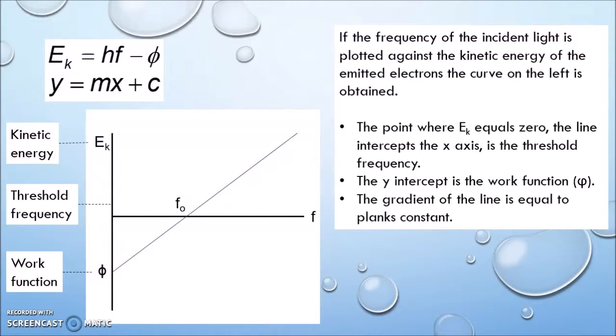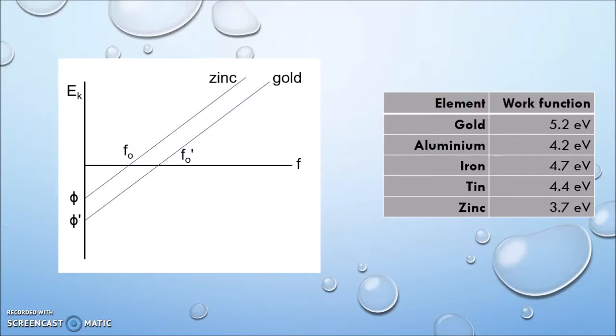That means x must be frequency, which it is, EK is y, and the gradient of this line is actually Planck's constant. If we draw this line for different metals, here for two different metals, zinc and gold, they are parallel lines because they both have Planck's constant. That never changes, so the lines are always parallel.